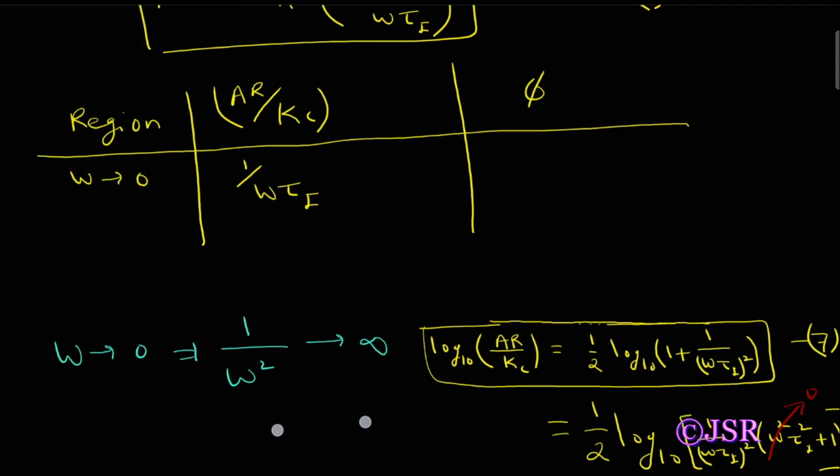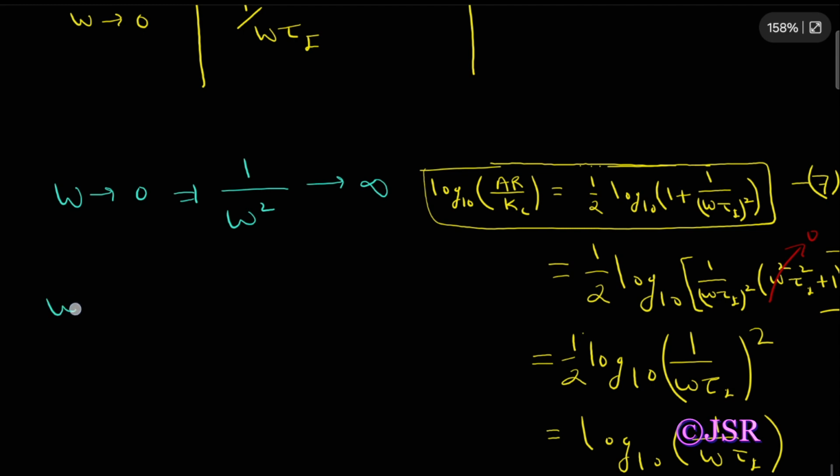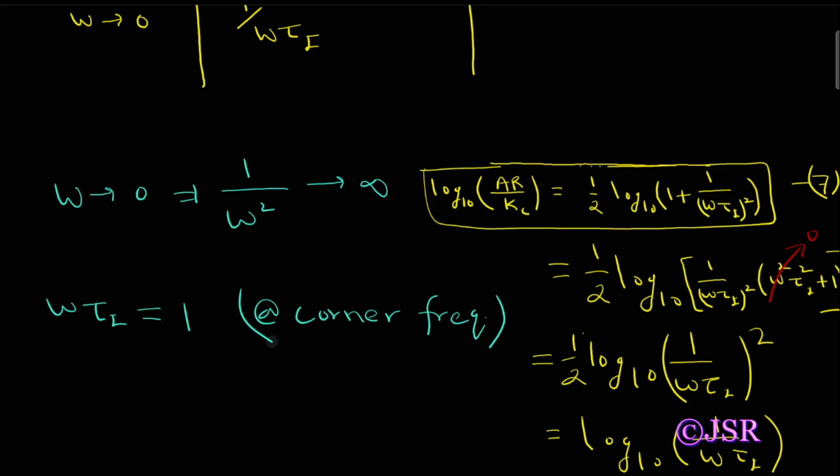Similarly, when omega tau I is equal to 1, so at the corner frequency, we will have omega tau I equal to 1.